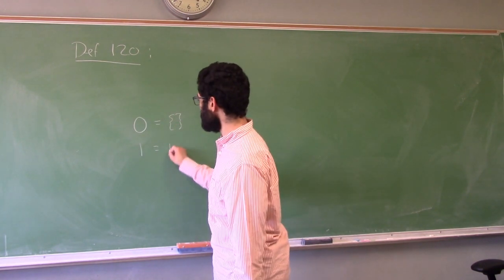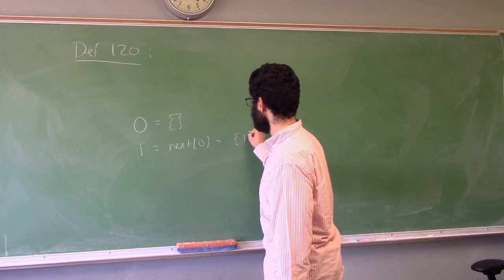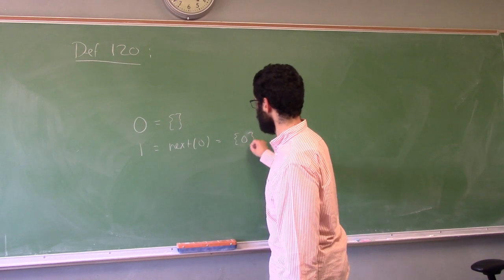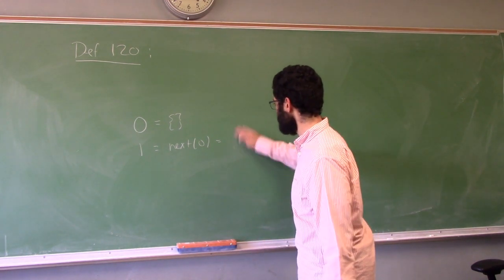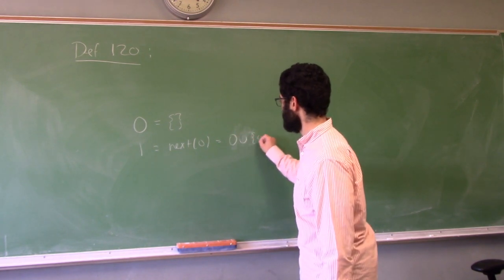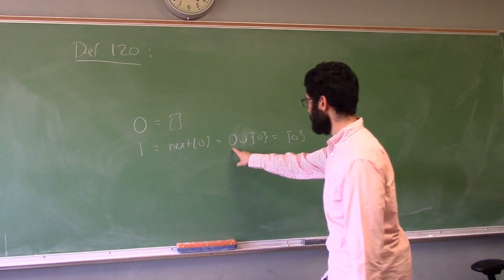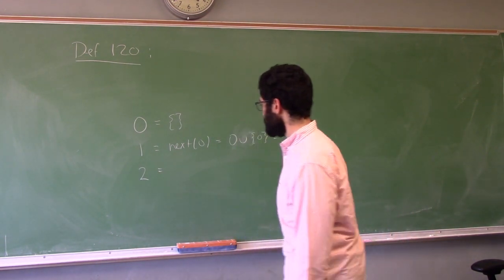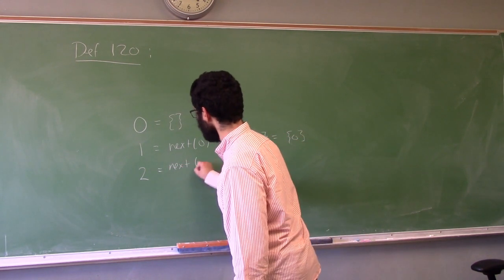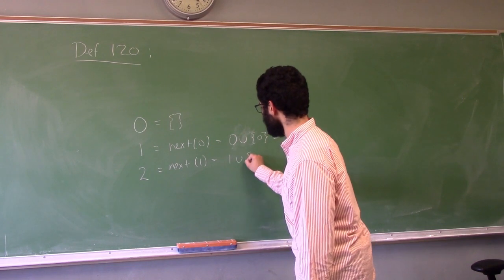Then we said 1 will be the next of 0, which is singleton 0 union singleton 0. So that was just singleton 0, because the empty set union singleton 0. And then 2 is the next of 1, which is 1 union singleton 1.